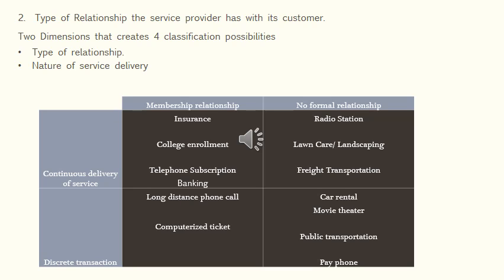Non-formal relationships like radio station, lawn care, freight transportation are continuous service delivery. The discrete transactions with membership relationships can be long distance phone call, computerized ticket. The other, no formal relationship, can be car rental, movie theater, public transportation, and pay phone.